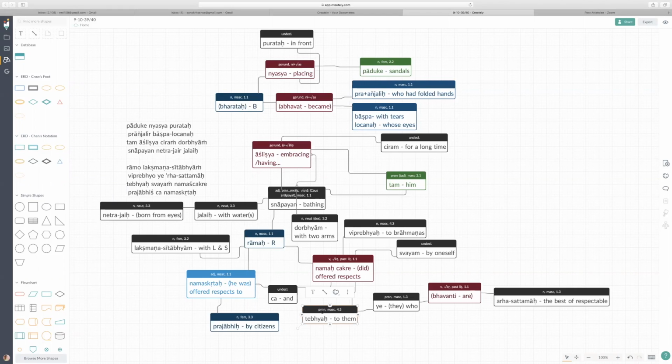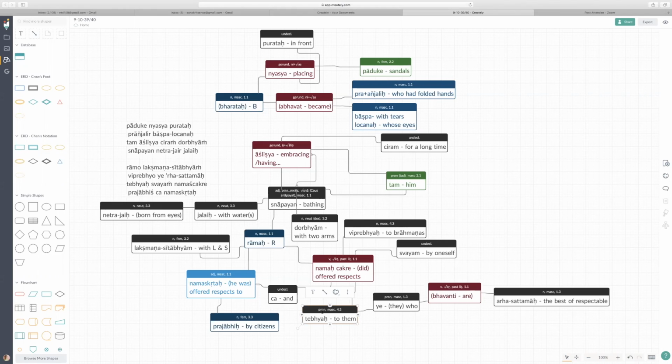Is it required here yet to be used? Instead, they could have just directly said arhasam sattamaha. Would that have been correct or not? Ye arhasattamaha. Well, no, we still need a verb.